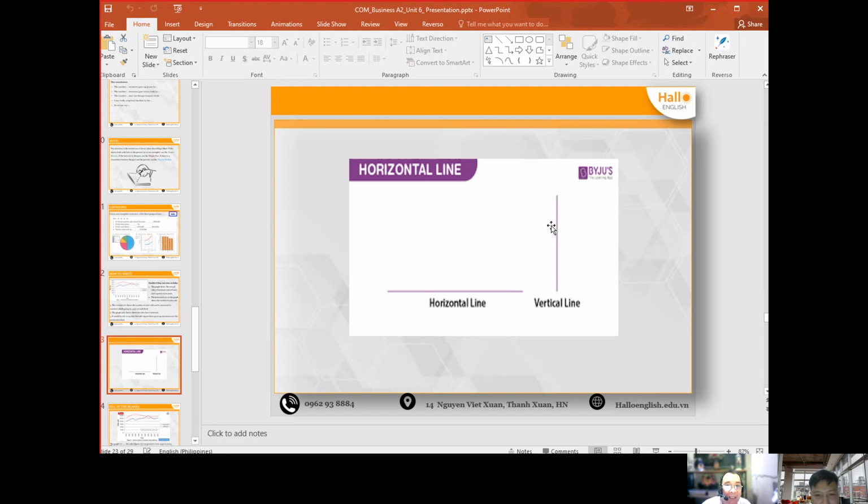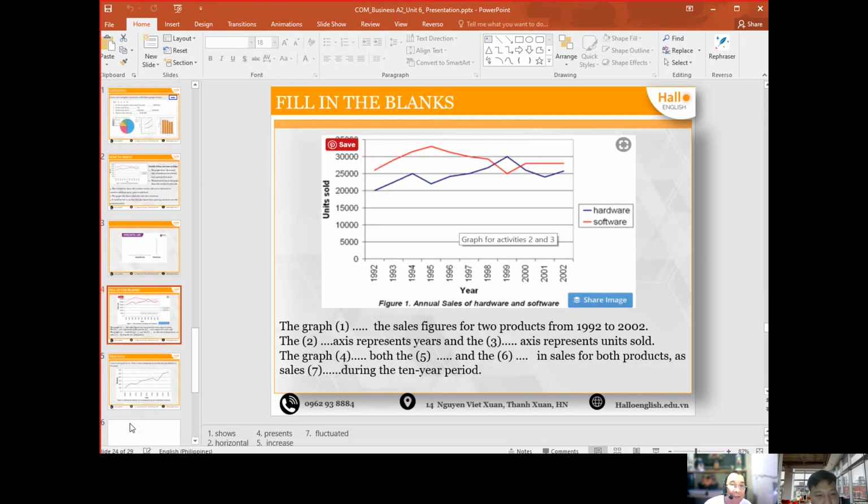Okay, again, if you're talking about a line, this is a horizontal line and this is a vertical line. Okay, so in reporting this one, we have to use the following. So the graph shows the sales figures for two products from 1992 to 2002.